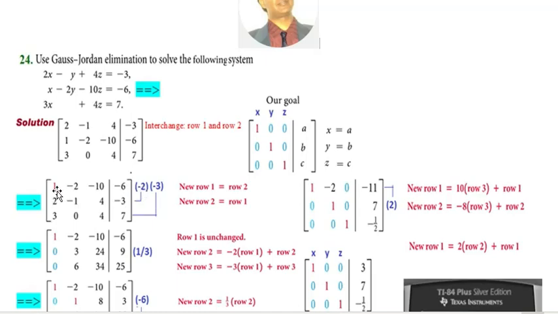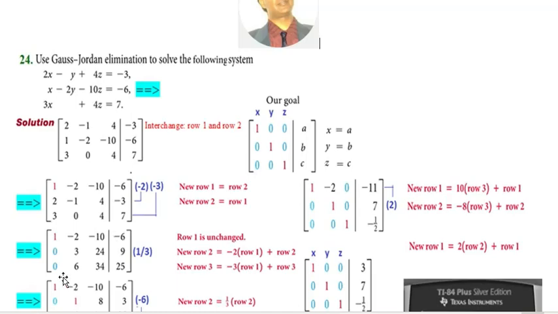Minus 2 times 1 is minus 2. Minus 2 plus 2 is 0. Minus 2 times minus 2 is 4. 4 minus 1 is 3. Minus 2 times minus 10 is 20. 20 plus 4 is 24. Minus 2 times minus 6 is 12. 12 minus 3 is 9.